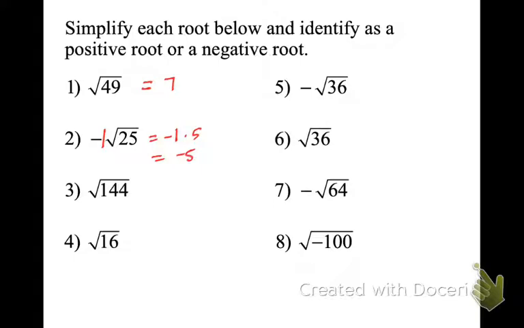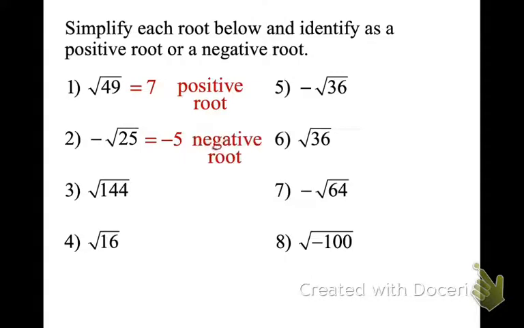Okay, now let's check our work. We've got 7, which is a positive root. We've got negative 5, a negative root. Number 3, 144, is a positive root, and it is 12.